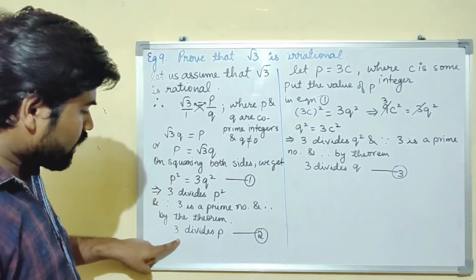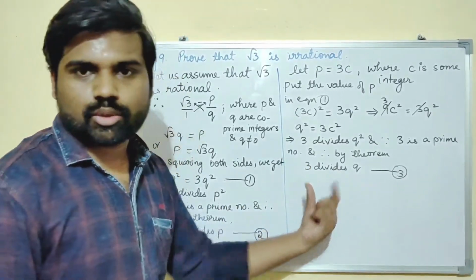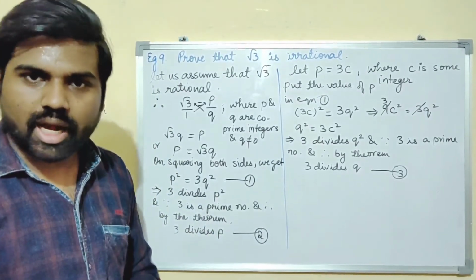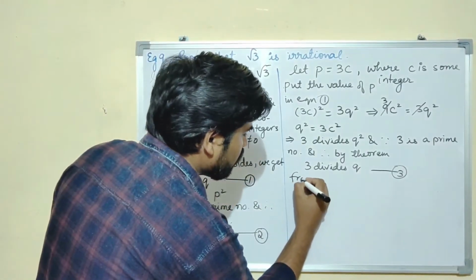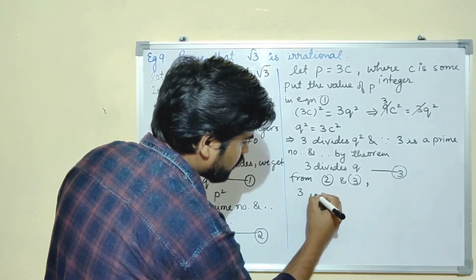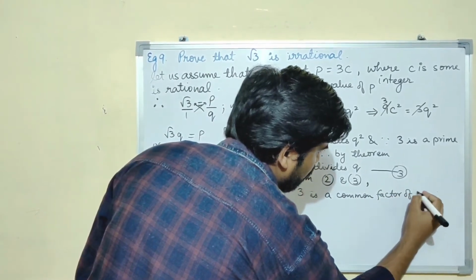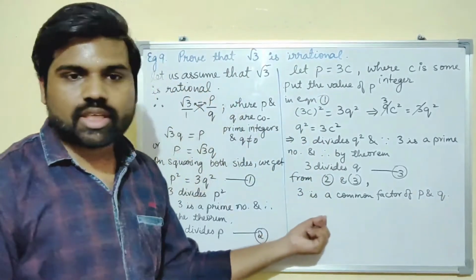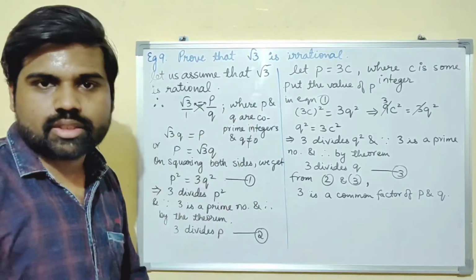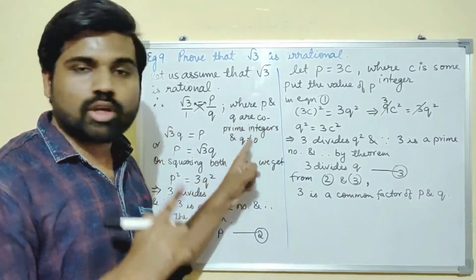Now you can see the second statement says 3 divides P, and the third statement says 3 divides Q. What does this mean? This means that 3 is a common factor of P and Q, right? But we began with P and Q being co-prime integers, that means P and Q have only one as the common factor.